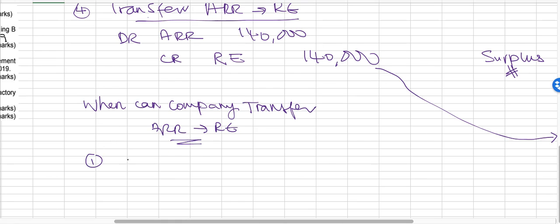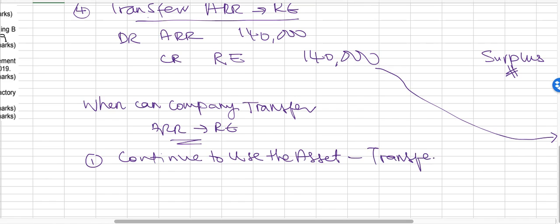Okay, sama ada when the company continues to use the asset, so that means you will calculate similar to depreciation, you will transfer annually. Okay, you will transfer annually. Or if you do not want to transfer annually, the company does not choose this option, what the company can do, you need to transfer ARR to retained earning when the asset is disposed.